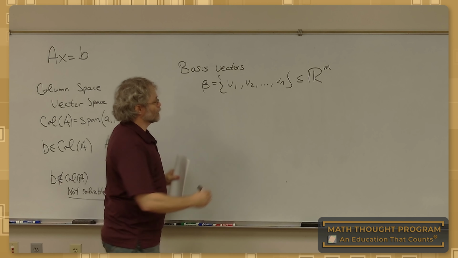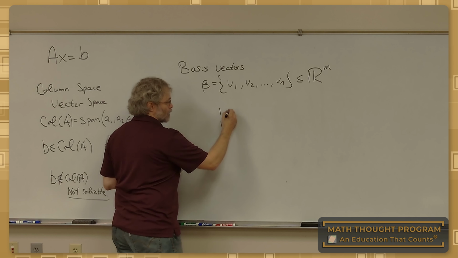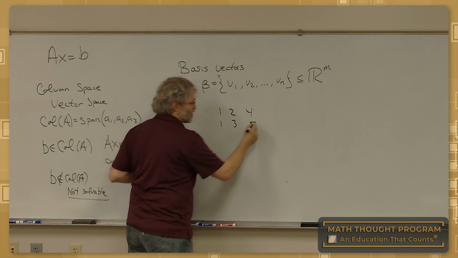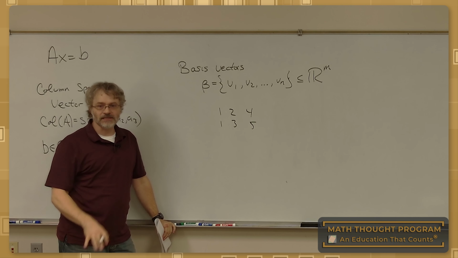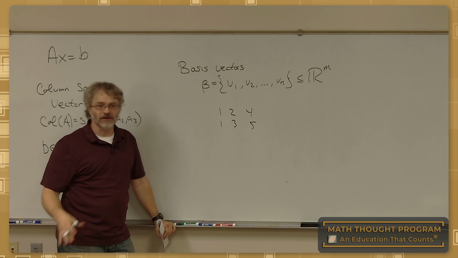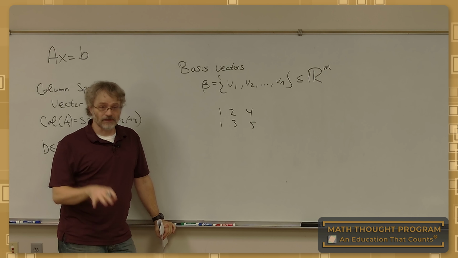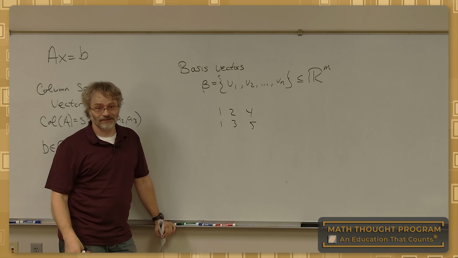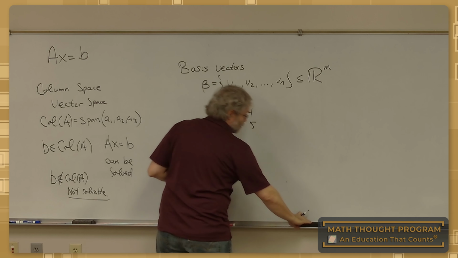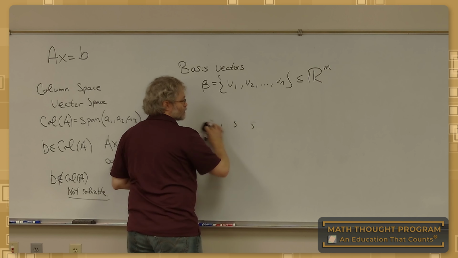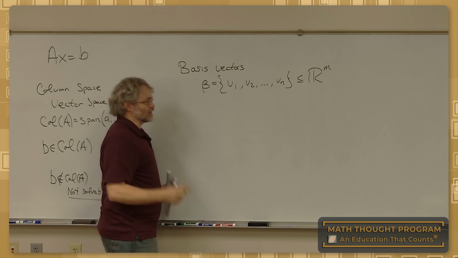Because remember, if you have a matrix, and if you have more columns than you have rows, what can you say about the relationships between the vectors? Are they dependent or independent? They're going to be dependent. And in order to be a basis set of vectors, you need two things.